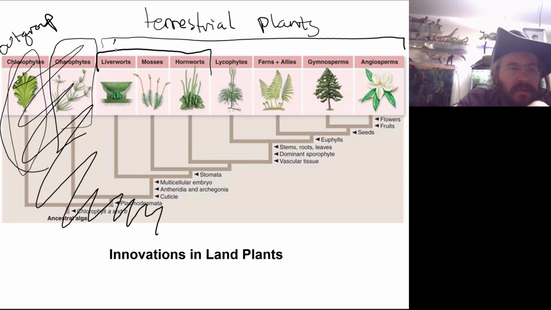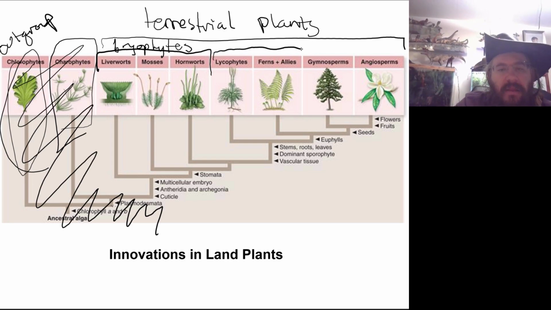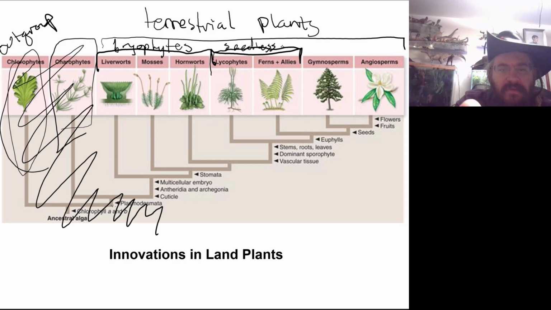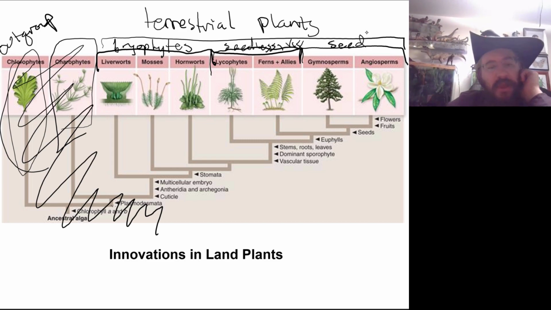bryophytes, our non-vascular plants, from our seedless vascular plants, from our seed plants. Okay, so characteristics, the synapomorphies that produce our bryophytes.